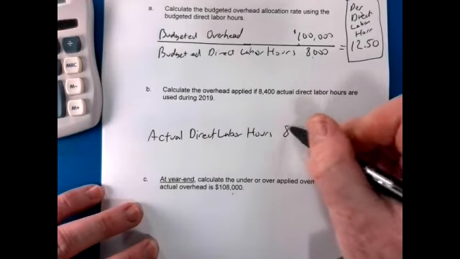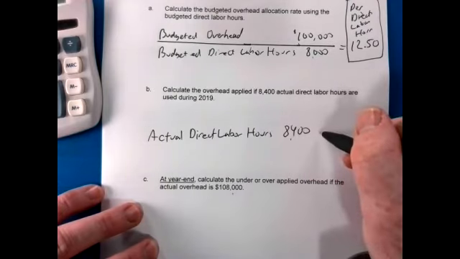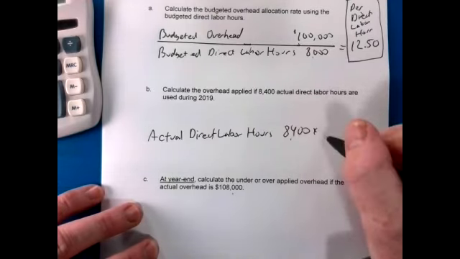Actual direct labor hours was 8,400 times 12.50.